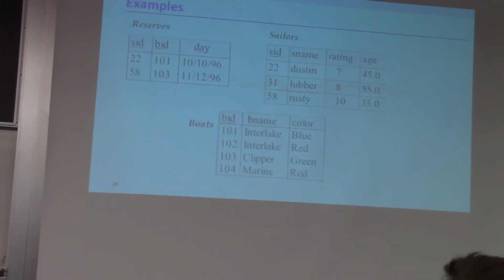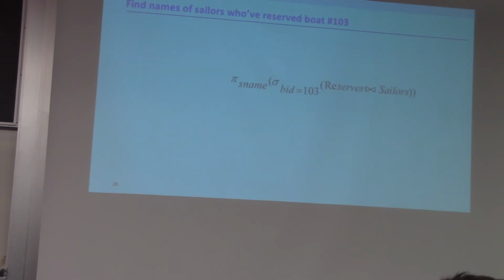So by that, if you see over here, reserves has two columns, but in reality this table will be much longer, right? So when you do the natural join of reserves and sailors, it might be that the intermediate result is pretty big.